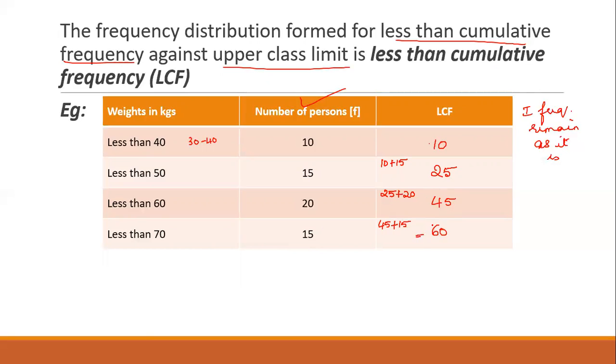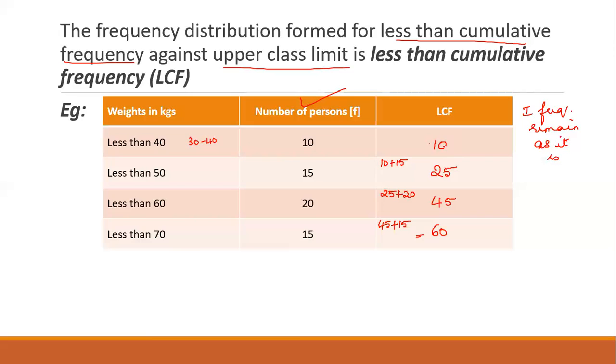And the next less than cumulative frequency is 45 plus 15, which will give you 60. So always remember, less than cumulative frequency, in this method the first frequency will remain same. First frequency does not change, it remains same. So here 10 is there, we are considering it as 10. 10 plus 0 is 10. When you calculate the next one, the second cumulative, it is adding up.